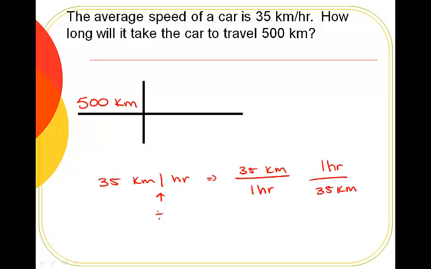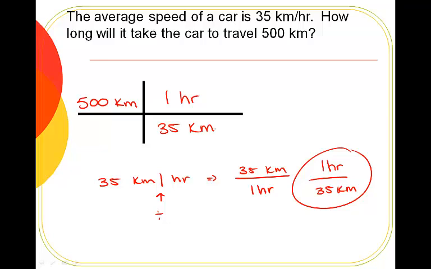Which conversion factor I am going to use depends on what I want to cancel. This conversion factor has kilometers on the bottom and hours on top. So 1 hour on top, 35 kilometers on the bottom.